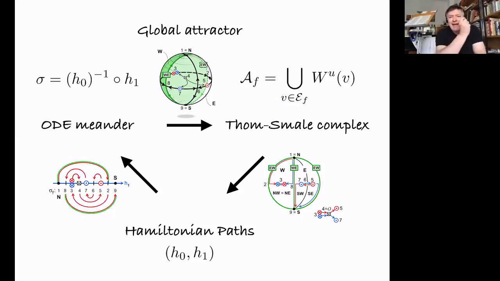So what we are lacking is a description in terms of a Lego, if you like, of all global attractors which arise in this class, such that I can guarantee you this attractor possesses a signed hemisphere decomposition, and following the recipes, I end up with a meander, and that meander generates as its signed Thom-Smale complex the originally given complex. So there is a lot of a construction side here.